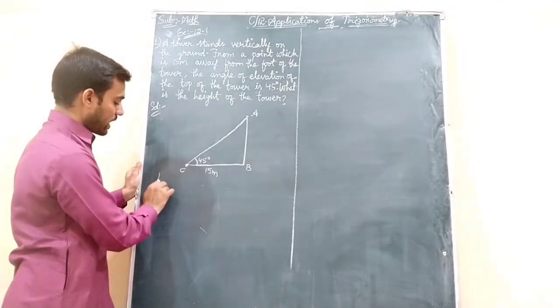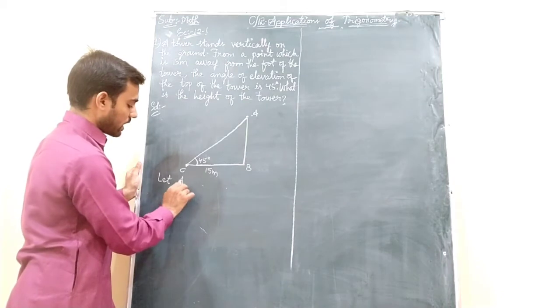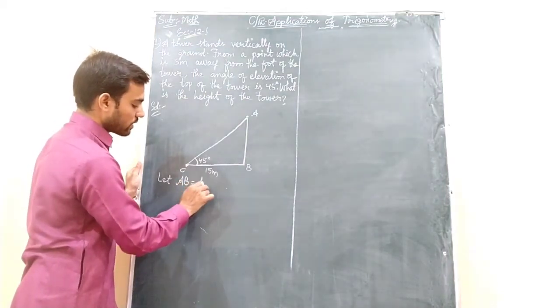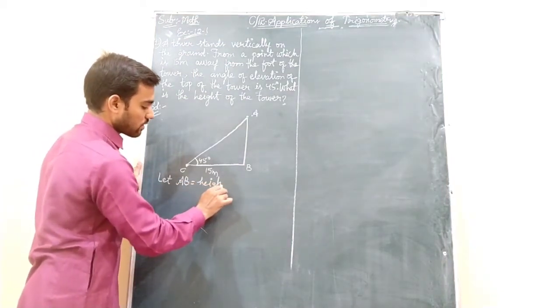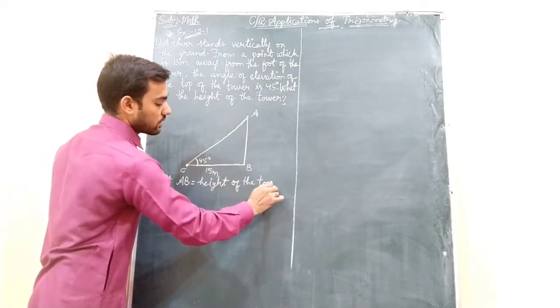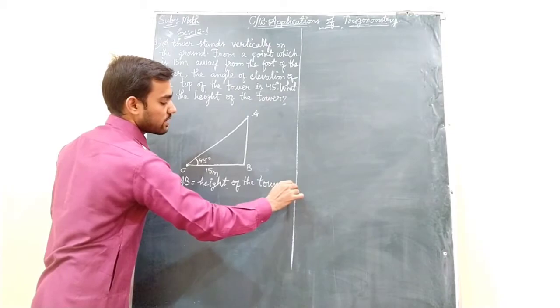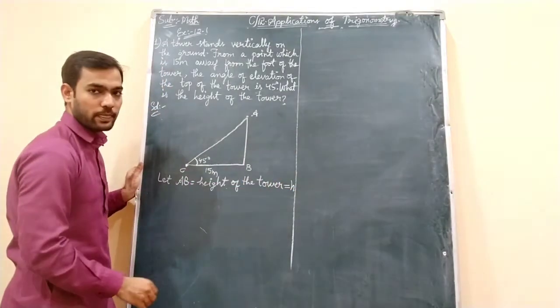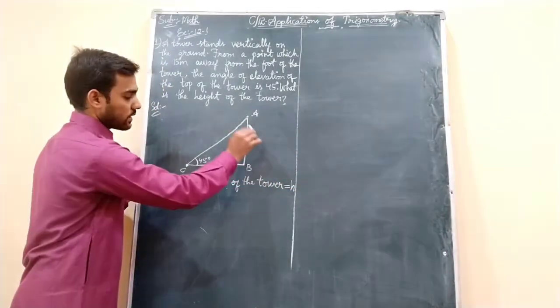Now we will write the assumptions. Let AB be the height of the tower, which is missing. Let us take it as H. Okay, students, H we are taking it.